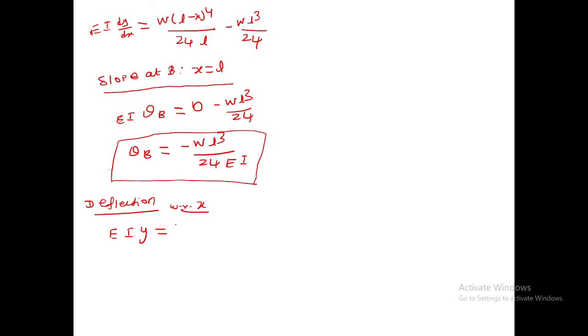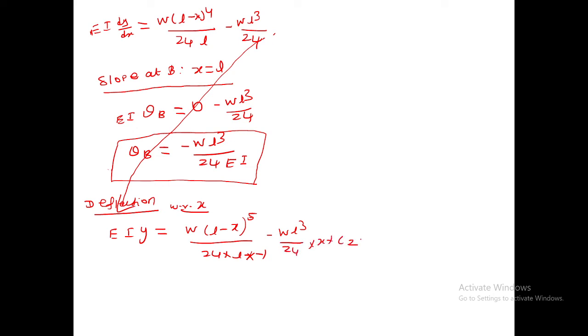EI y equals integrating this equation with respect to x: W into L minus x power 5 divided by 24L into 5 into minus 1, minus WL cube divided by 24 into x plus C2.